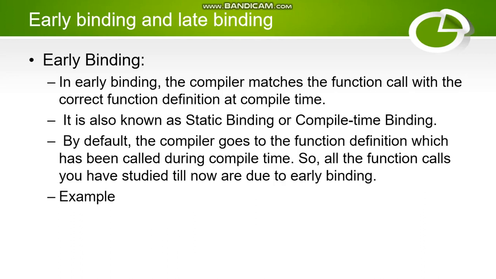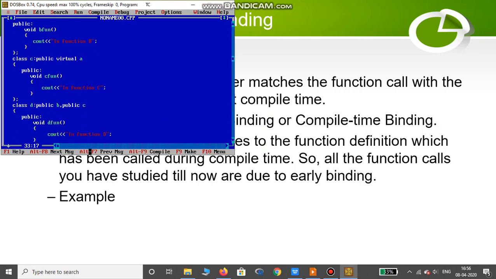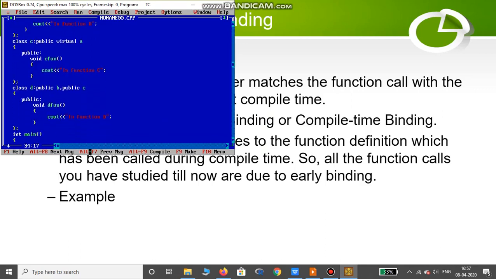That concept is called function overriding. In function overriding also, early binding is done. So with the help of this concept, let's understand an example of early binding, one program here.